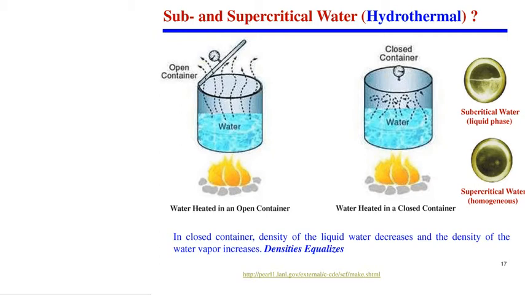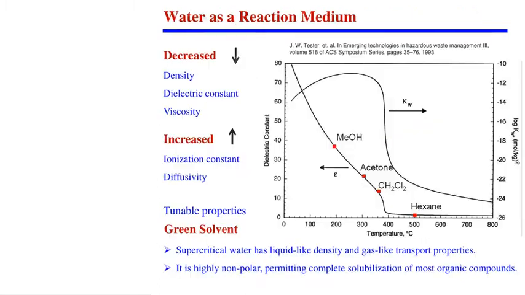And what are the benefits of these critical points, sub or supercritical water? If you see this, on the y-axis I have dielectric constant versus temperature, and another axis is ionization constant. If you start heating at a higher temperature under pressure, density starts dropping down and dielectric constant goes down.